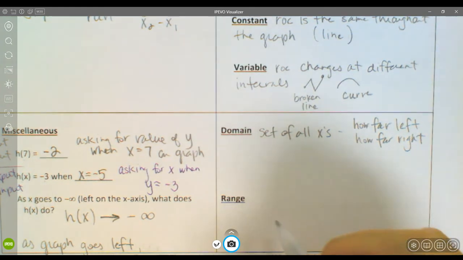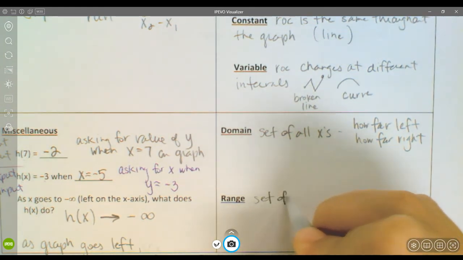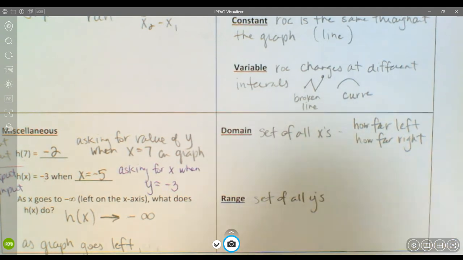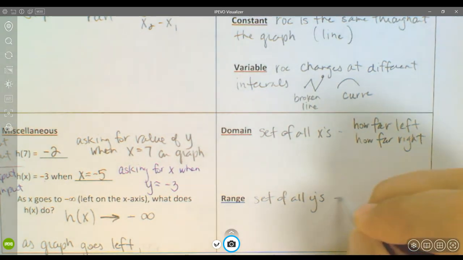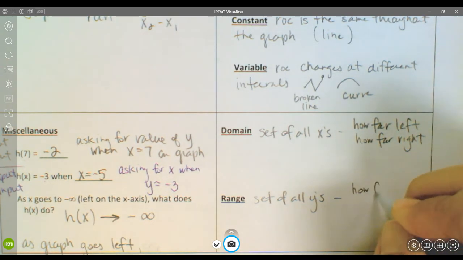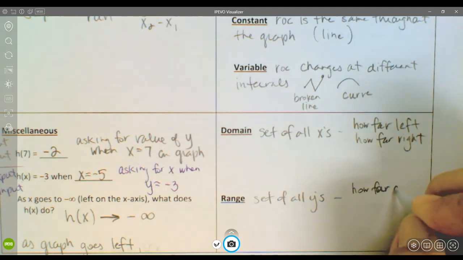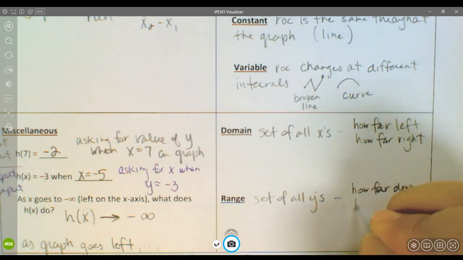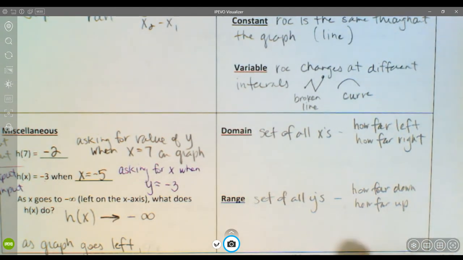And let's go ahead and talk about the range because we can fill both of those in at the same time. The range, remember on our notes, was the set of all y's. That's for a discrete function where I give you just a particular set of points. But when we talk about a continuous function, I want to know how far down does it go to how far up does it go.